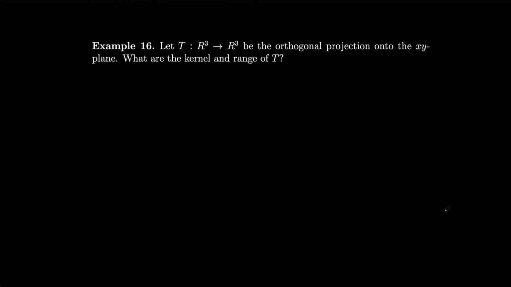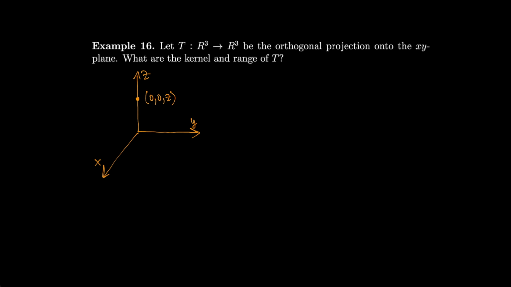Let's let T from R3 to R3 be the orthogonal projection onto the xy plane. What are the kernel and range of T? All right, let's see if we can draw this. So we have in R3 the x, y, and z axes, and we have some point, let's say on the z-axis, let's say 0, 0, z.